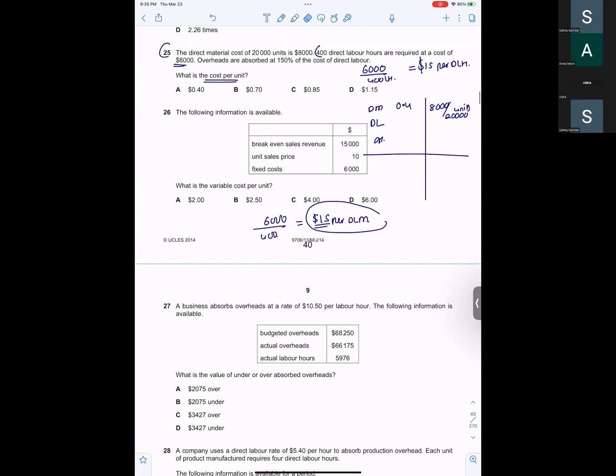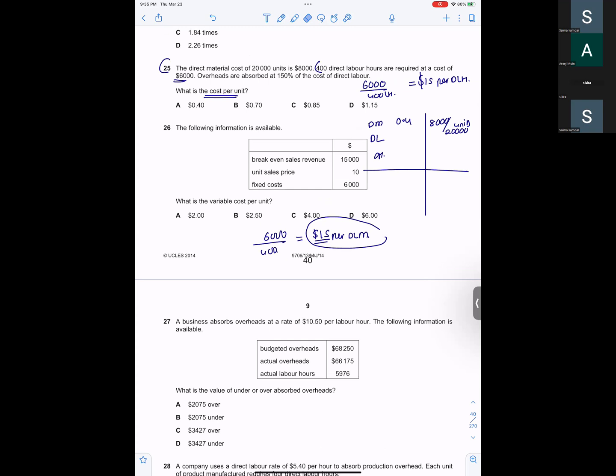What is the units? 20,000, no? Yeah, 20,000 is the units. So labor hour per unit will be 400 divided by 20,000, not 20,000 divided by 400.